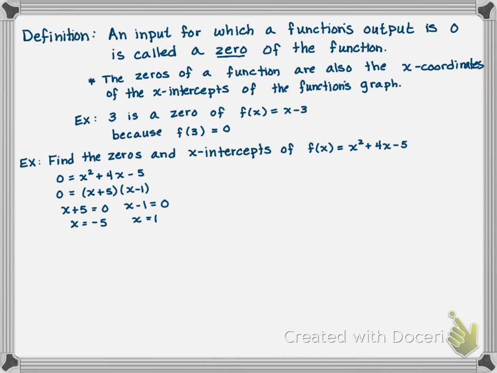So then when we state the zeros and the x-intercepts, the zeros are just the x values. So we say the zeros are negative 5 and 1. And then the x-intercepts are the actual points on the graph.